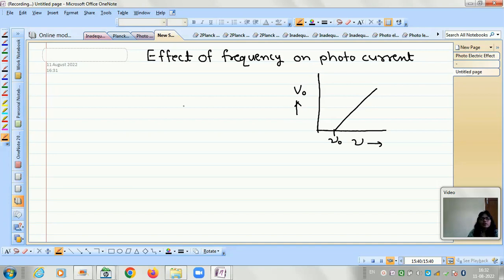So this frequency nu naught, where the energy will be h nu naught, this is termed as the work function.